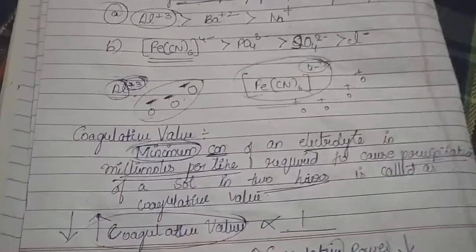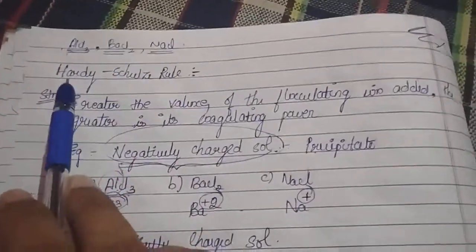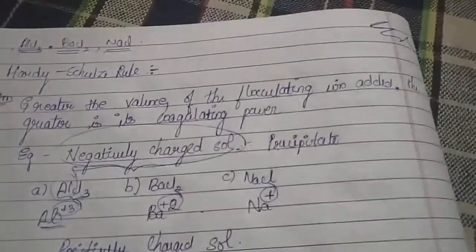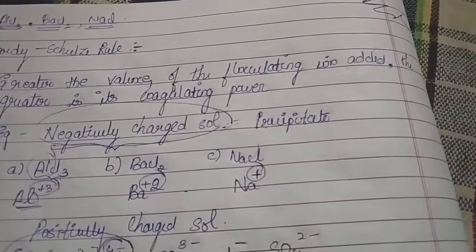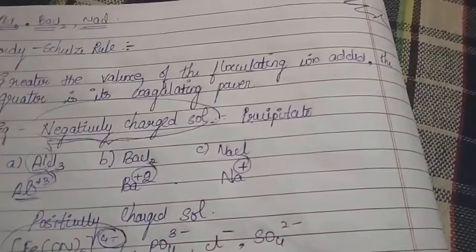Yes. So now let's have a quick revision of what we have done today. Basically, whenever we are doing precipitation of colloids, in one method we saw it was by the addition of electrolytes.